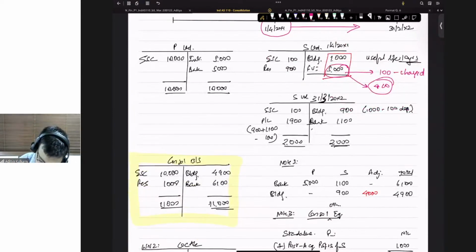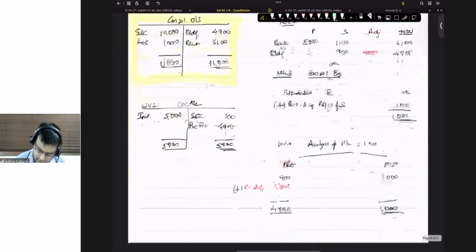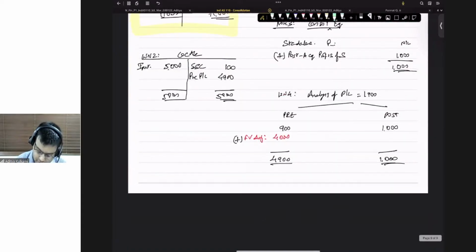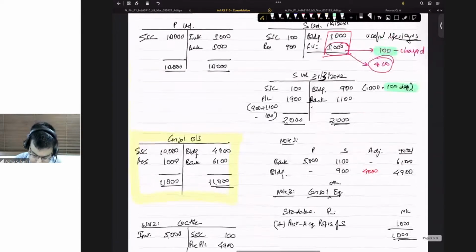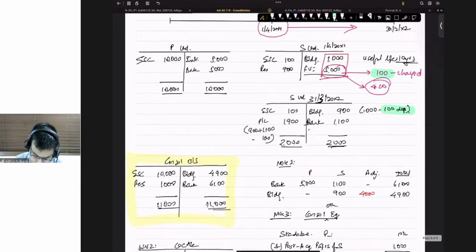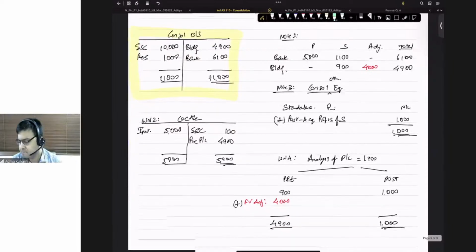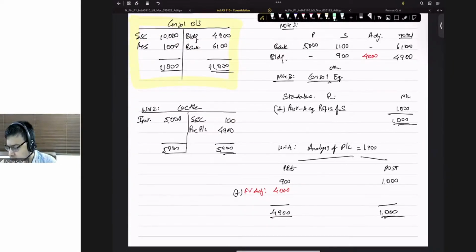Here, see this 100, you can have a look. It is already charged here, minus 100 depreciation. So this 100 depreciation ka impact already is reflected when I am doing the attribution of the profits, when I'm doing the allocation of the profits. Is it okay? Did you understand?